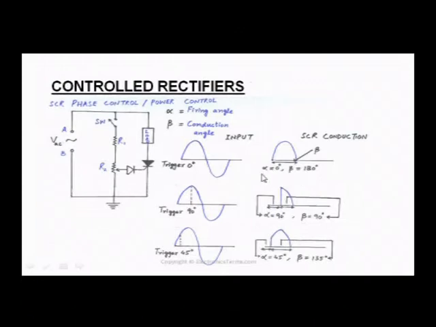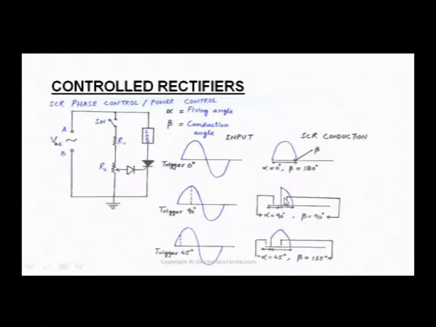Alpha means firing angle, beta means conduction angle, okay, normal terminologies which are used in power electronics. So, the moment you see alpha you should know it is the firing angle, the angle at which the gate pulse is given, the angle at which the SCR is going to be triggered into its on condition. Okay. So, alpha is 0 and beta is 180 degrees, which means maximum output.